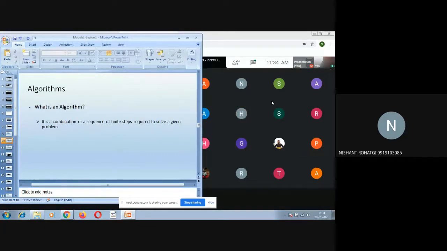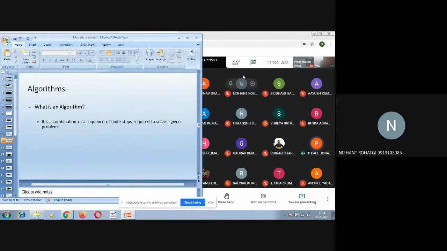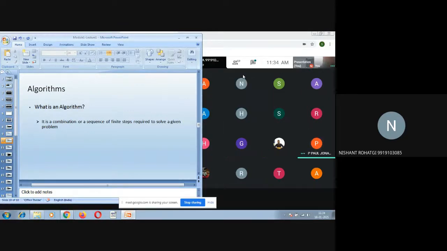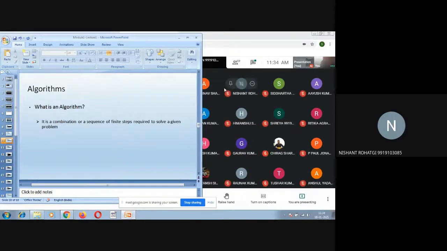So what do you think, which algorithm is best for totally sorted data? Ma'am, maybe radix because it doesn't compare anything. And Nishant, what do you think? Ma'am, radix also.